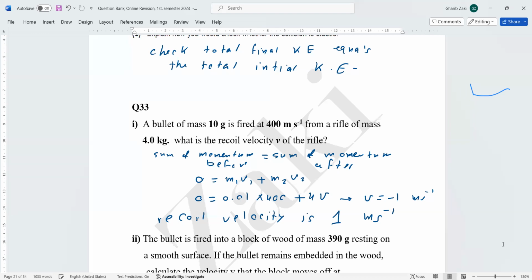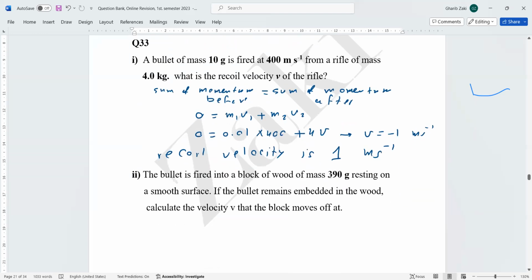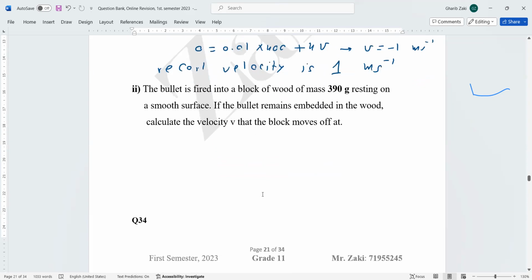Now, next question. He said the bullet is fired into a block of wood of mass 390. The same, we write before equals after. Of course, we talk about momentum. Before, it's m1 u1 plus m2 u2 equals after. Now they move as one object, m1 plus m2 multiplied.